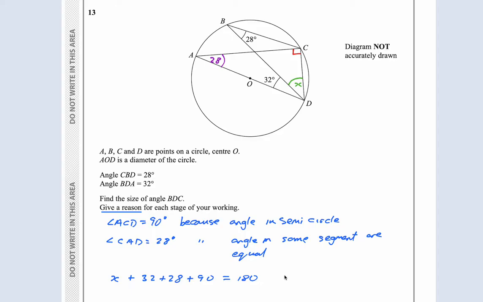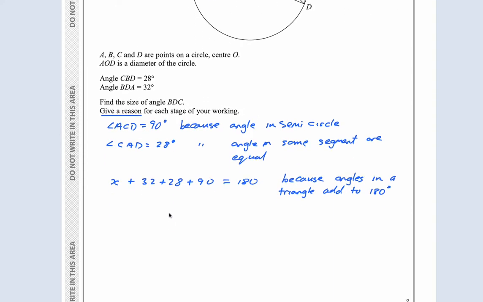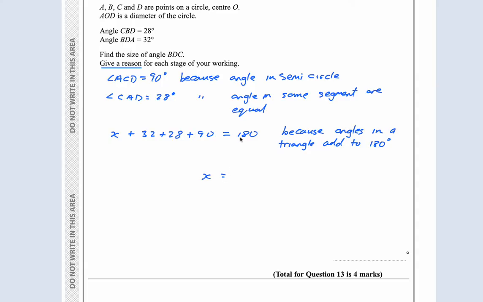I can write why this is the case, because angles in a triangle add up to 180, and then we just solve this, and the solution is X equals 180 minus 150, since 32 plus 28 is 60, plus 90 is 150. So X is equal to 30 degrees.